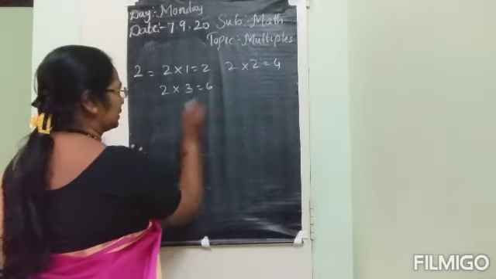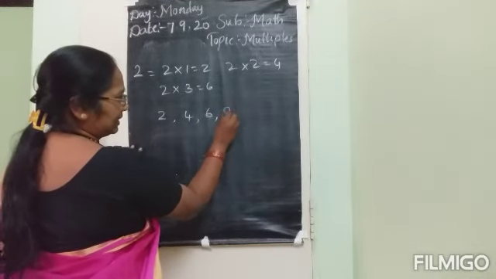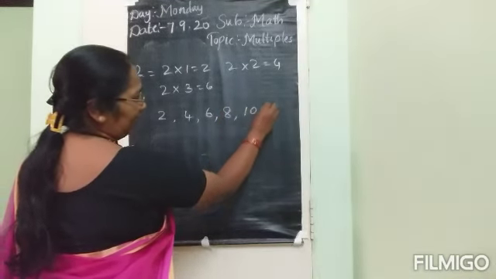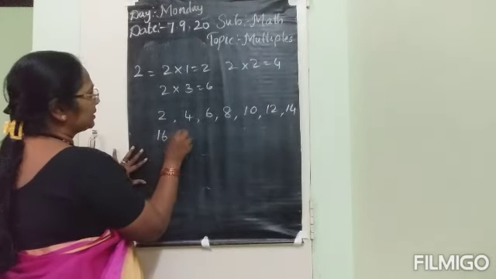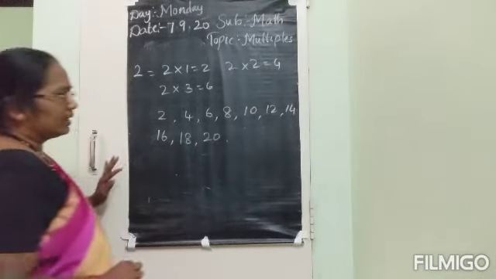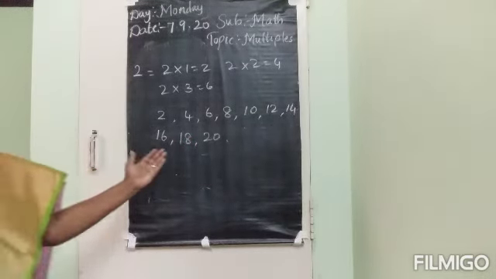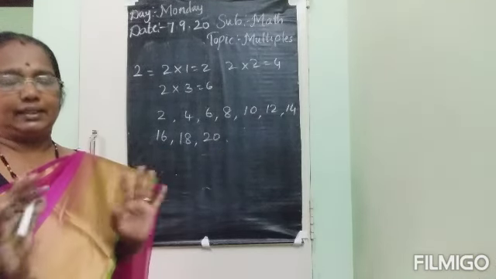So the multiples will be 2, 4, 6, 8, 10, 12, 14, 16, 18 and 20. So this we call multiples. Multiples means the simple tables.